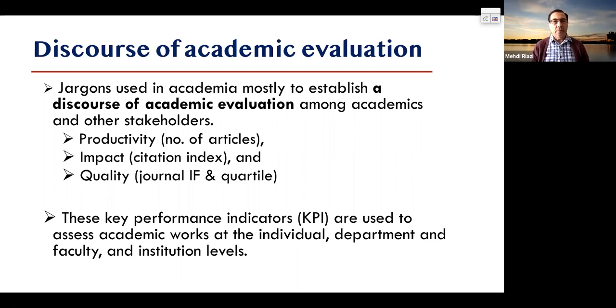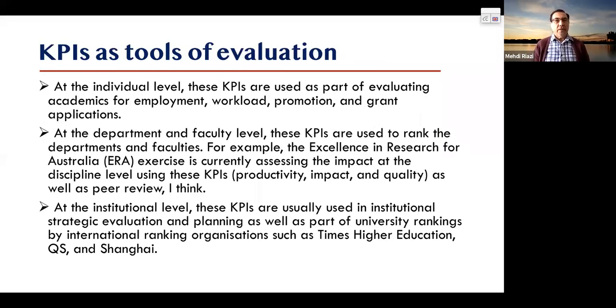These key performance indicators are used to assess academic work at the individual academic, department, faculty, and institution levels. At the individual level, these key performance indicators are used as part of evaluating academics for employment, for workload, for promotion, and for grant applications.